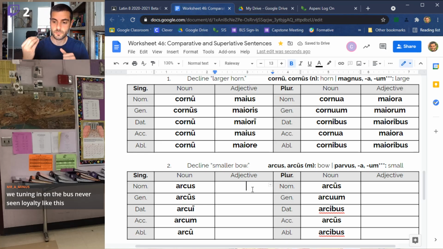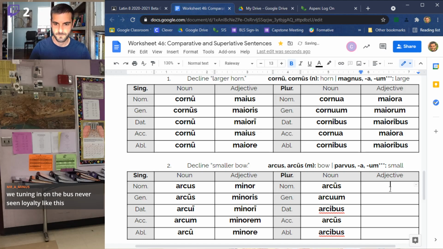Our adjective, we look to parvus, the comparative of parvus, another irregular one. Parvus becomes minor, like minor. Minor, minoris, minori, minorem, minora. Straight up, third declension endings. Minores, minorum, minoribus, minores, and minoribus.